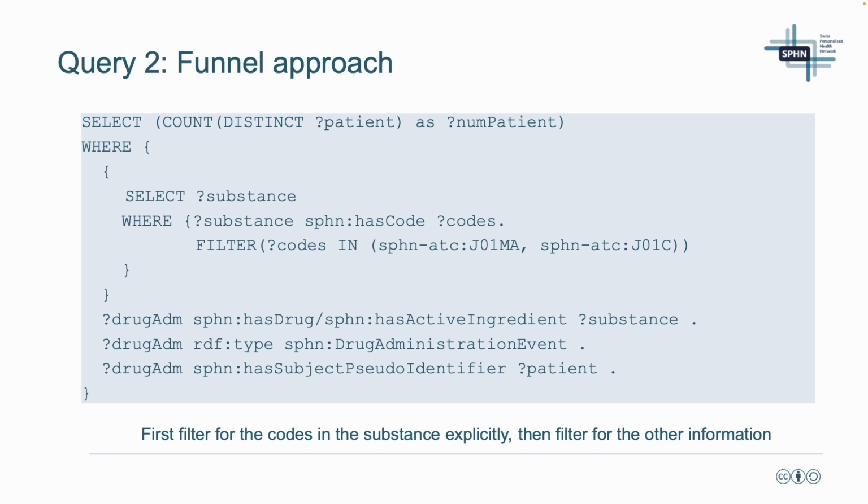While in the first query, you really had to dig through a whole lot of possible drug administration events, and then actually inquire for the actual substance that you are interested in. So we could assume that query 2 might be faster, but this of course depends on your data. This depends on the triple store you're using and how they're processing the query.